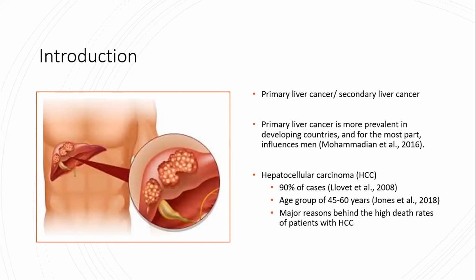According to another study in 2018, age group of 45 to 60 years is affected with hepatocellular carcinoma. Major reasons behind the high death rates of patients with hepatocellular carcinoma are late diagnosis, heterogeneous nature of hepatocellular carcinoma cells, and resistance against the chemotherapeutic treatment.